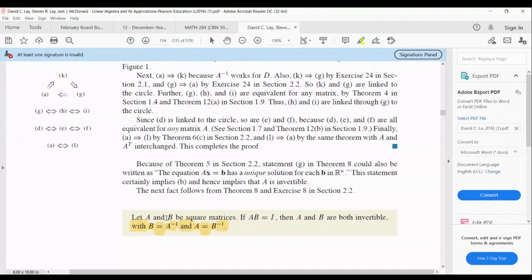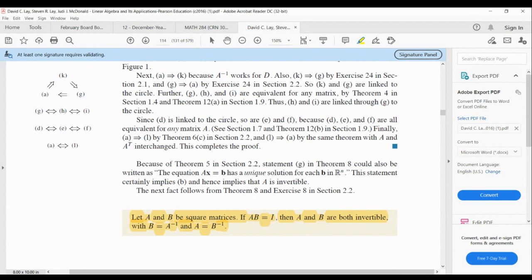If you have square matrices A and B, and A times B equals the identity, then A and B are invertible, and B will equal A inverse, and A will equal B inverse. You'll prove that statement in your homework for section 2.3.